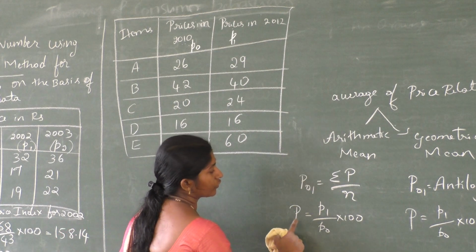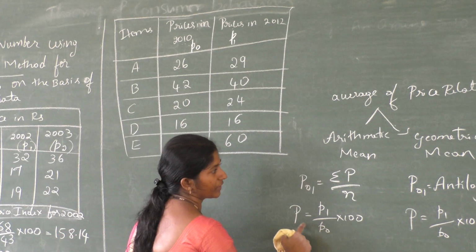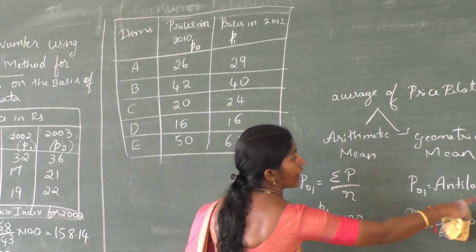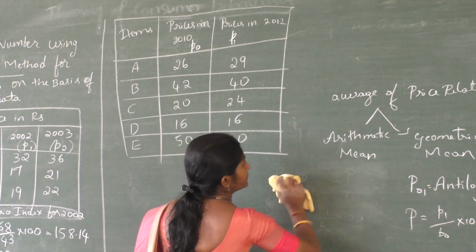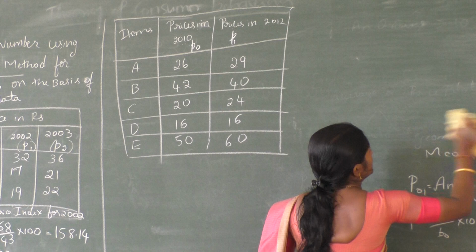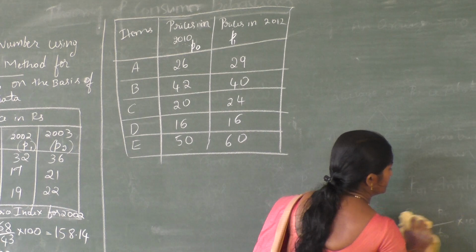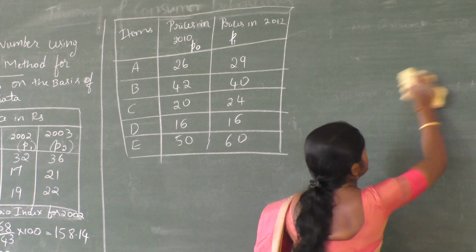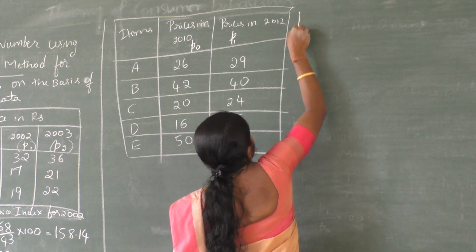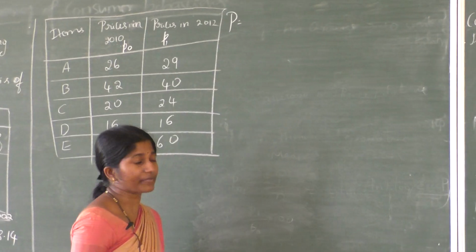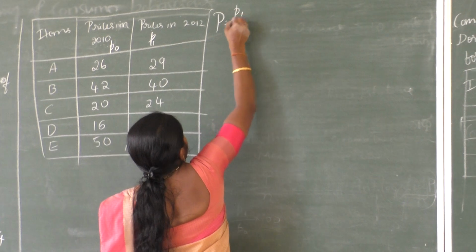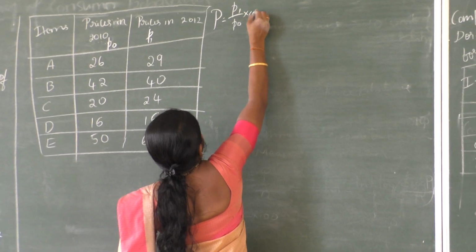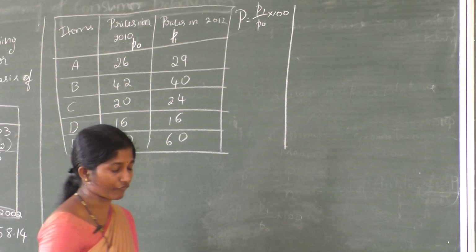Afterwards what do we have to find out? P1 by P0 for arithmetic mean, and for geometric mean we have to find log of P. Here price relative, capital P, equals P1 divided by P0 into 100. This is for calculation of arithmetic mean.